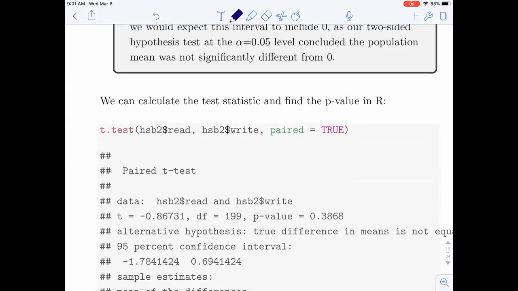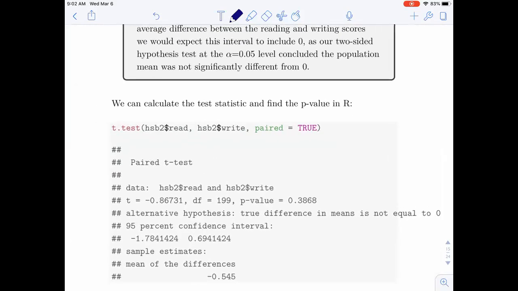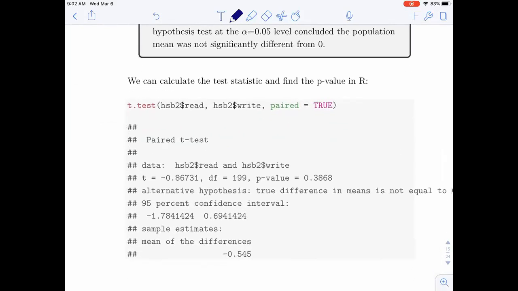Here's how you would do this t-test in R, if you wanted to. The only difference is you have to have your first sample, your second sample, and then just tell it that paired equals true, and then you can just use the t.test command, and it calculates our t, it calculates our p-value 0.3868.